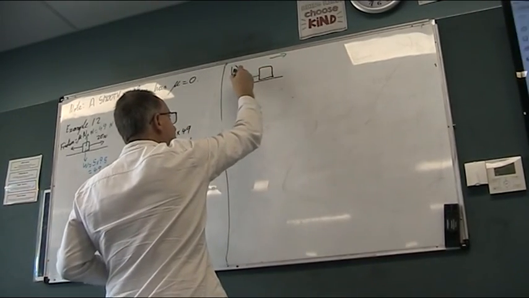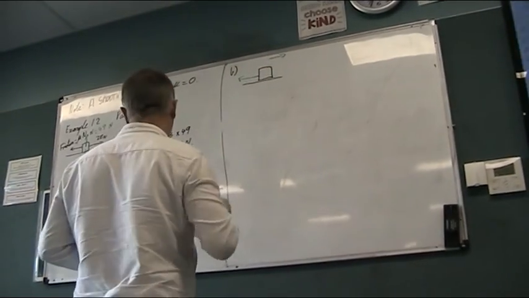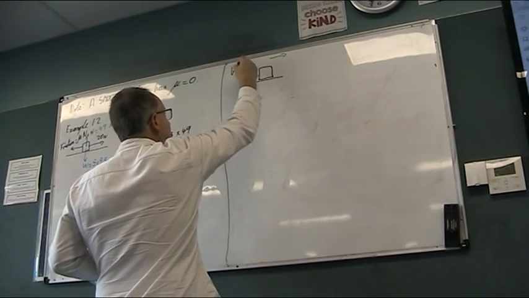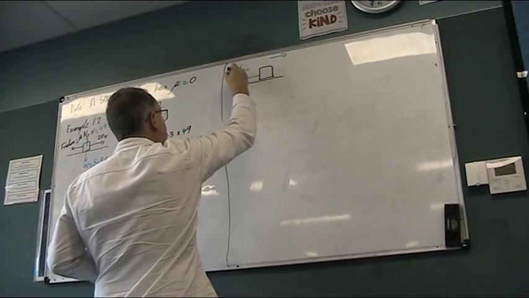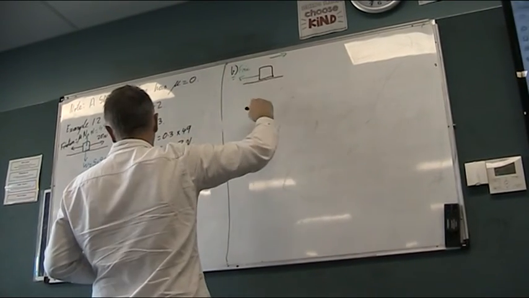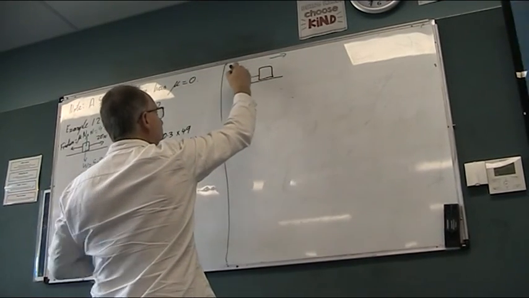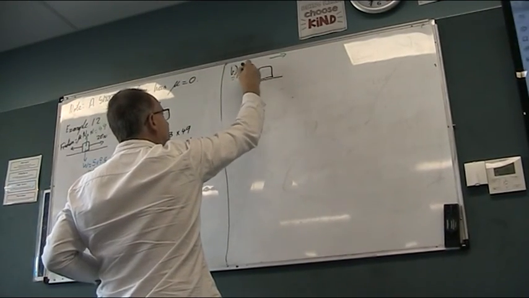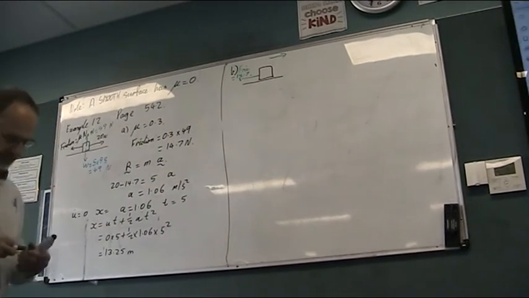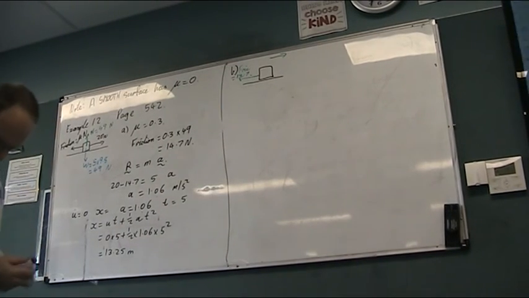So it's still got friction going that way. And the mass of the thing hasn't changed, so that friction remains the same at 14.7. And we want to know how much further it's going to go.